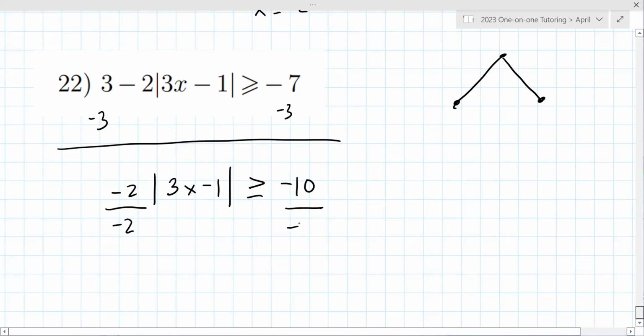Then you divide by -2, but what does that do? Well, it flips the inequality. And when you flip it, you have to make sure which fork you're on, the left or the right. It's based on this moment in time, not on where you were, but on where you are right here.